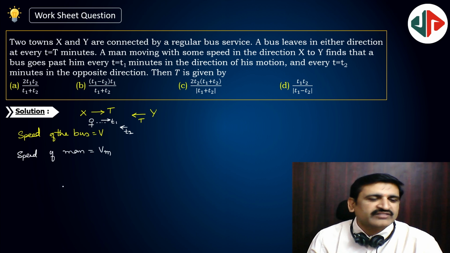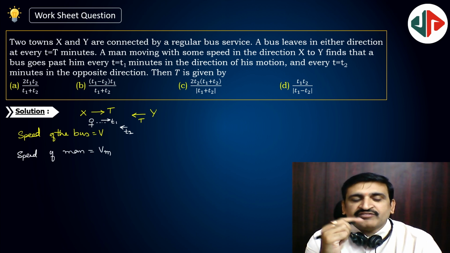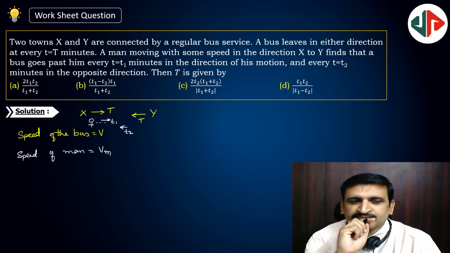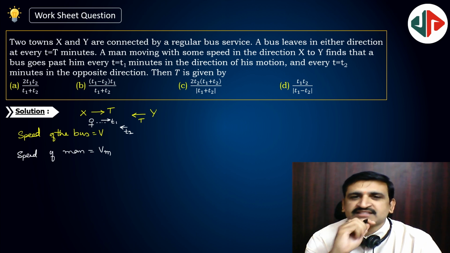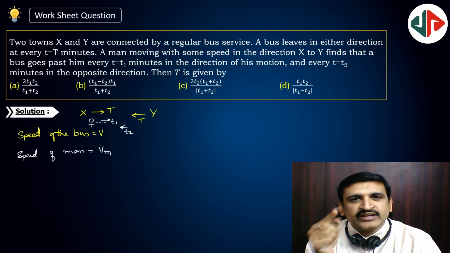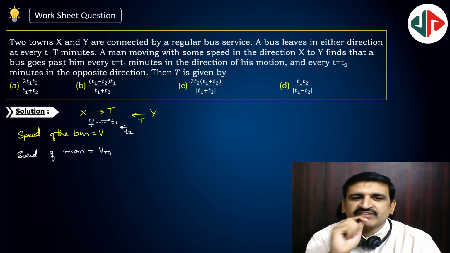It's convenient, Vm. Now see, at every regular time interval, capital T, buses are starting. But after time t1, the bus is crossing the person, and after time t2, the bus is crossing the person in the opposite direction. That's what is given in the question.